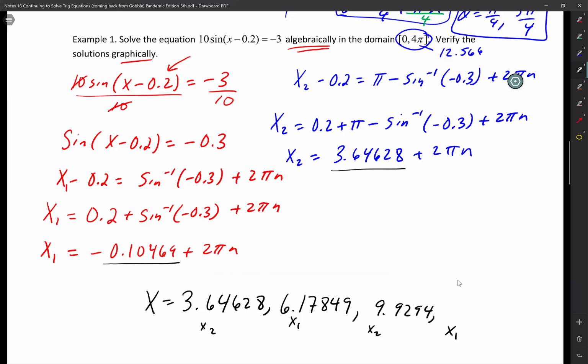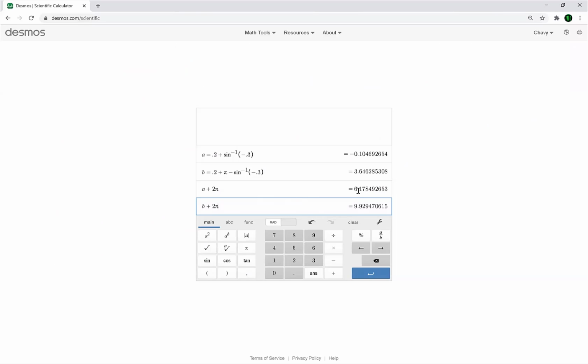And then I think I'm going to have one more. If I take that 6.17849 and I add 2 pi, I think I'm still inside between 0 and 12.566. So let's go and do that. I'm just going to come up here to this A plus 2 pi, and I'm just going to add another 2 pi plus 2 pi. 12.4616.